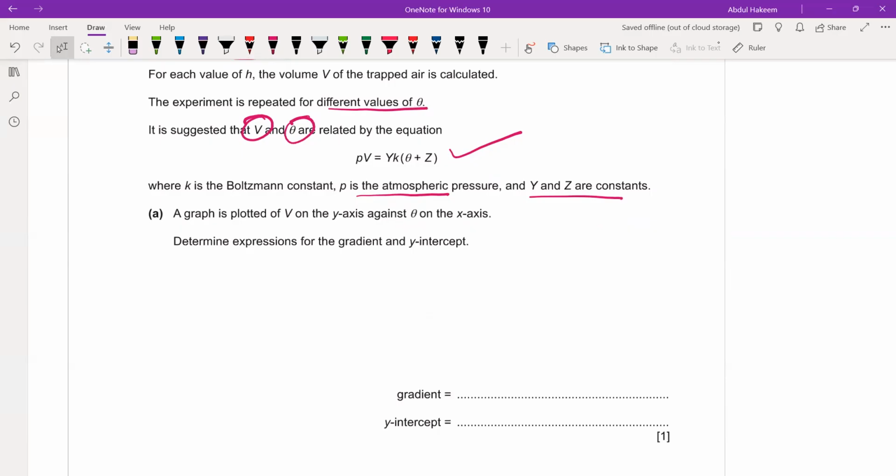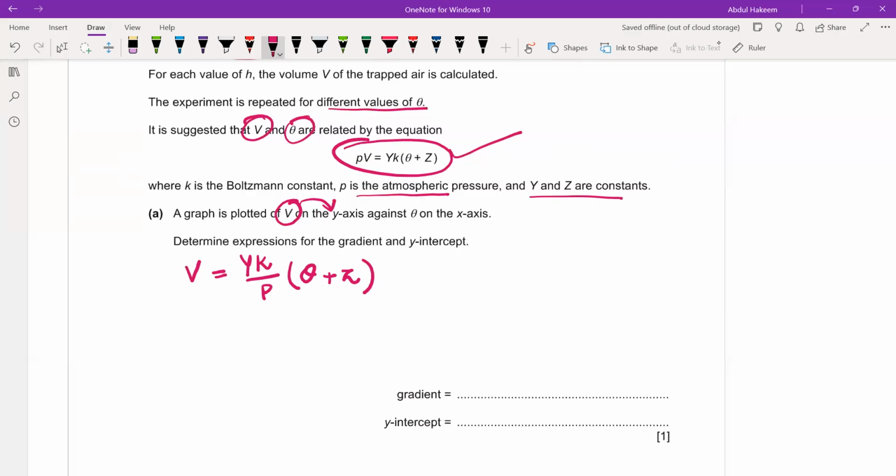So in this question, V is required on the y-axis. In this equation, we will make V the subject of the equation. So V is equal to YK over P times (theta plus Z).